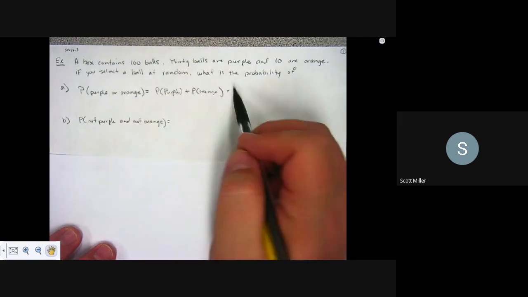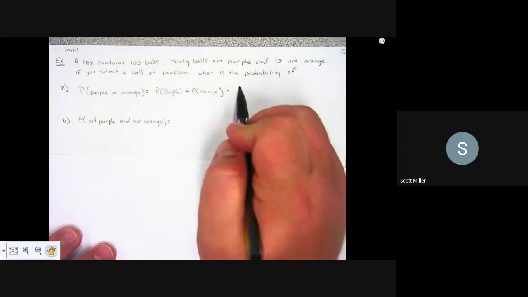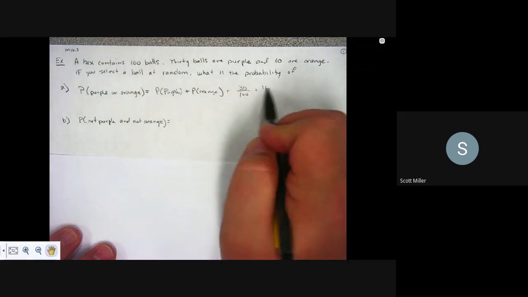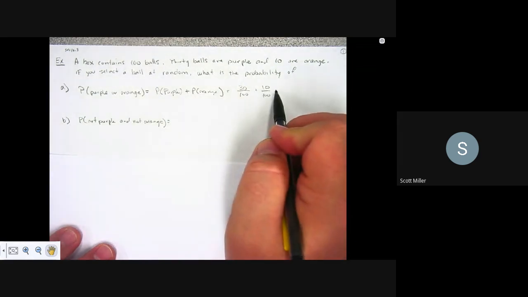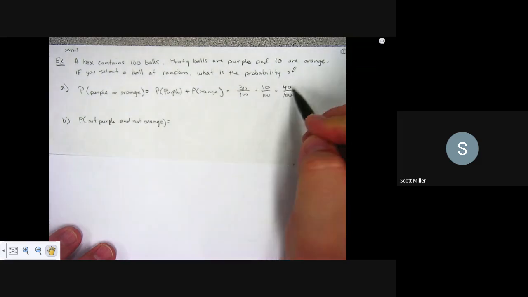And the number of ways I can get purple is there's 30 out of 100, so that'd be 30 out of 100 total. And for the orange, that would be 10 out of 100. And so when we add that together, you get 40 out of 100. And then you reduce your fractions down, which is 2/5, or as a decimal, 0.40.